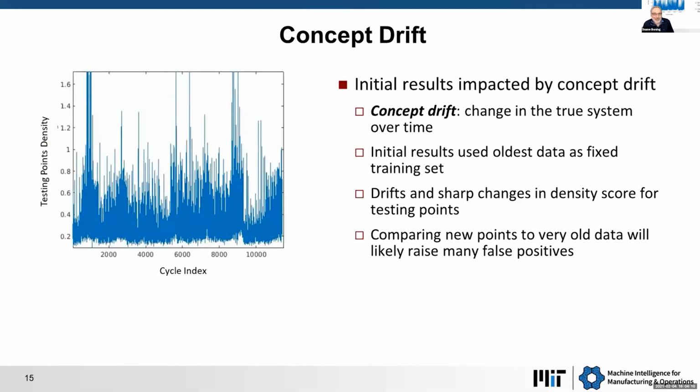It's been fascinating to hear a different word. I think we've heard skew sometimes referred to, but this idea of skew, temporal skew or concept drift is a real big deal. Here I'm showing some cycle index. So we'd run different cycles with a testing point density in 1,000 runs of an ion implanter. And you can see there are definite trends over periods of a few hundred cycles.